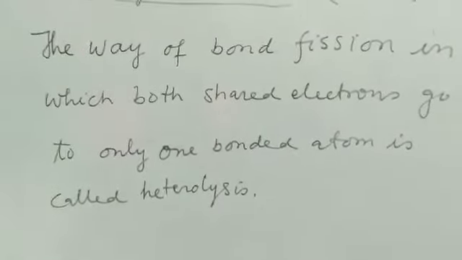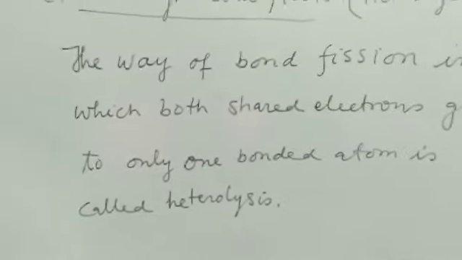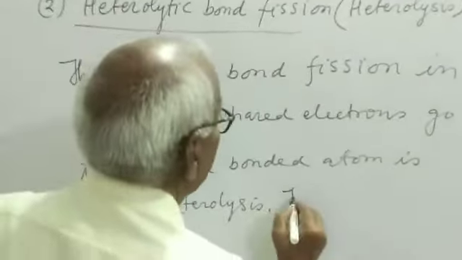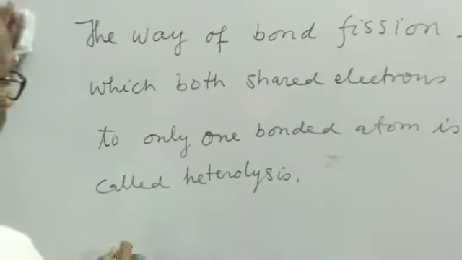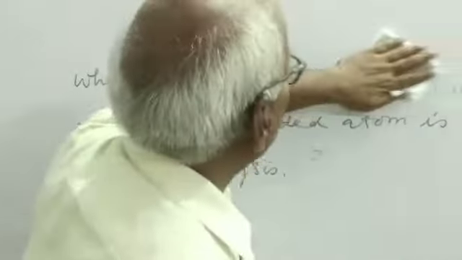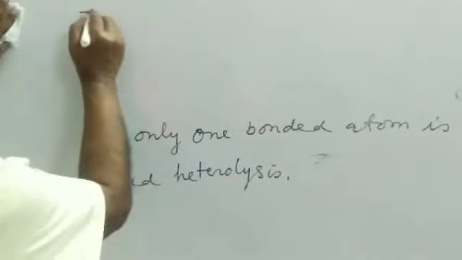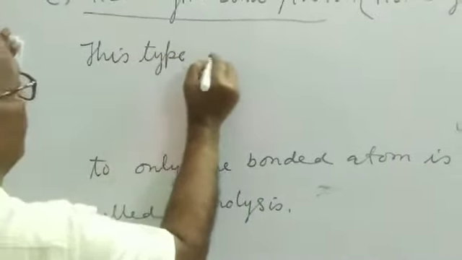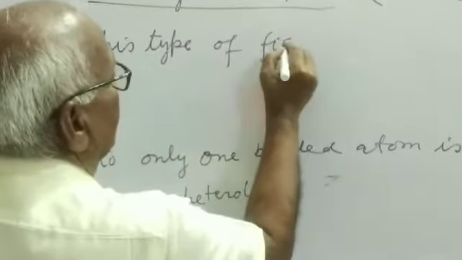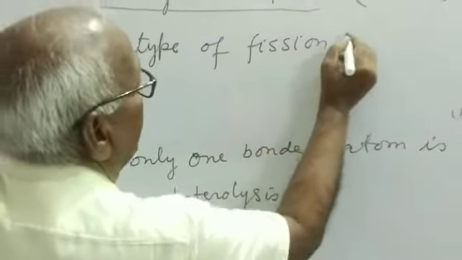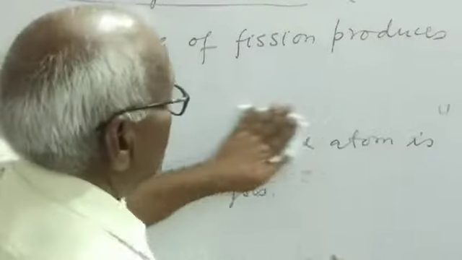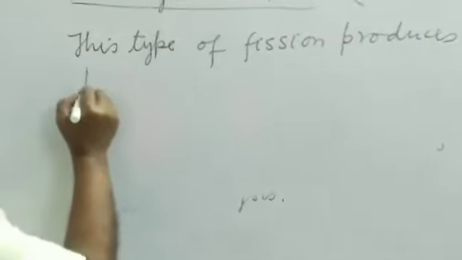The result of this fission is the formation of ions. This fission results in forming two ions. This type of fission produces two oppositely charged ions.